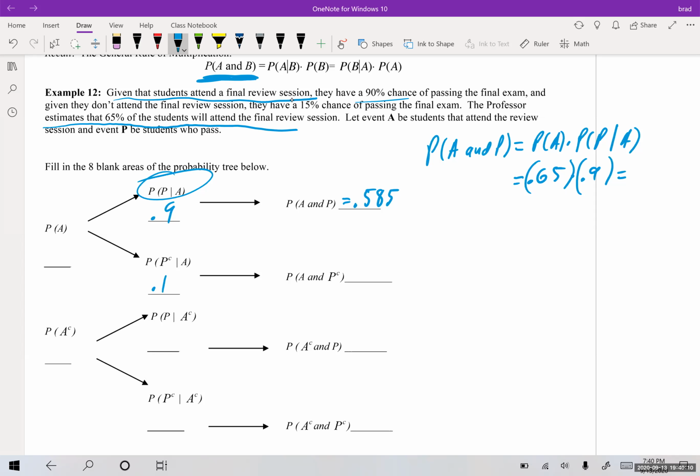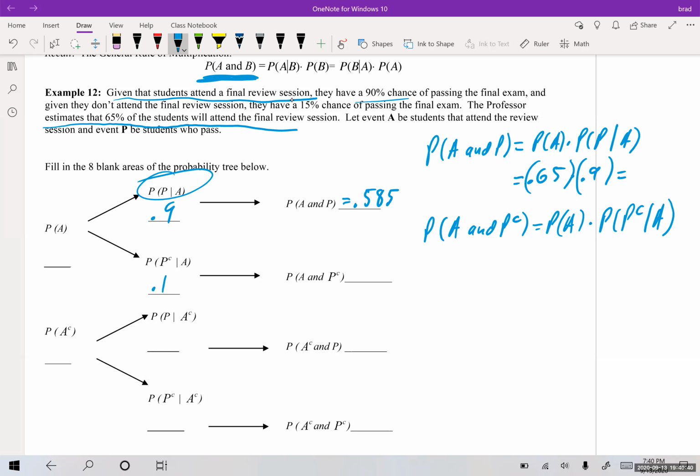Now it says probability of A and P not passing. Okay, so let's find that. Probability of A and not passing, complement, and you could use a bar as well, either one is fine. So this would be probability of attending times the probability of not passing given that you attended.